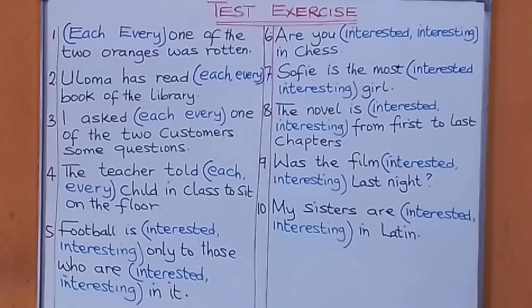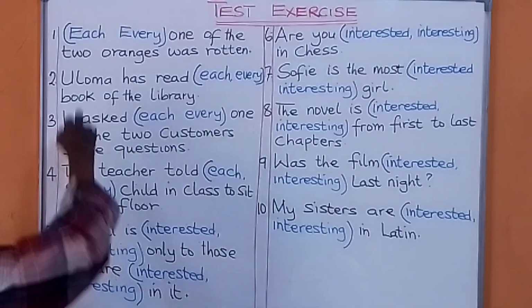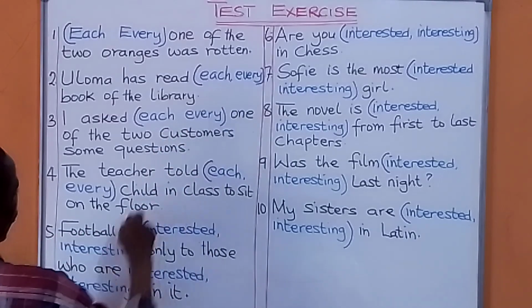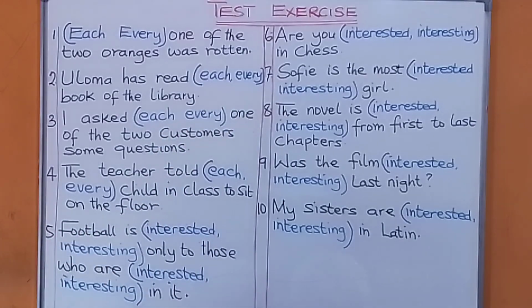Session on the series of lessons that we did concerning each, every, interesting and interested. So when you come to this particular session, what you are going to do is take your note for this channel, copy all the questions as you see them on the board, and from each of the brackets you have two options.